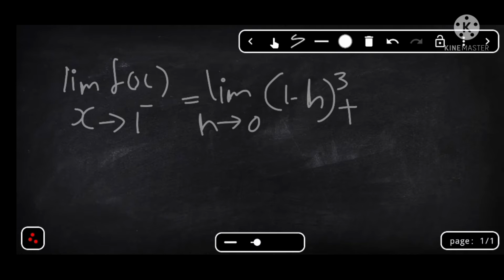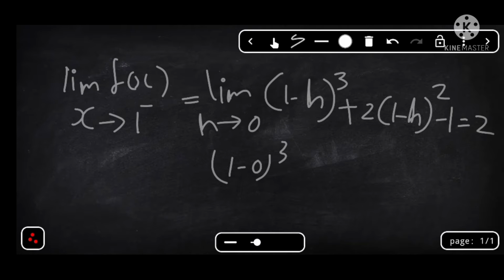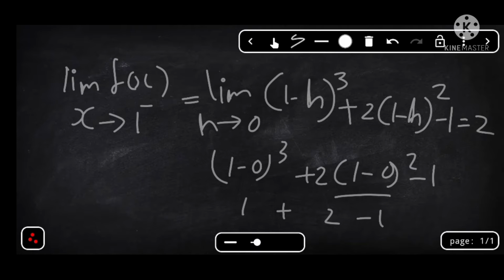That's why we just subtracted h. h is an unknown variable, it can be any value. Plus 2 into 1 minus h square minus 1. So this is also equal to 2, because 1 minus 0 whole cube, plus 2 into 1 minus 0 square minus 1, is 1 plus 2 minus 1, that is 2.